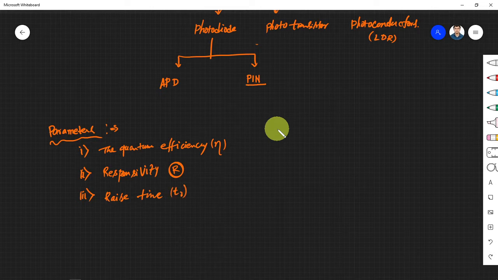And lastly, signal to noise ratio, SNR, S by N.